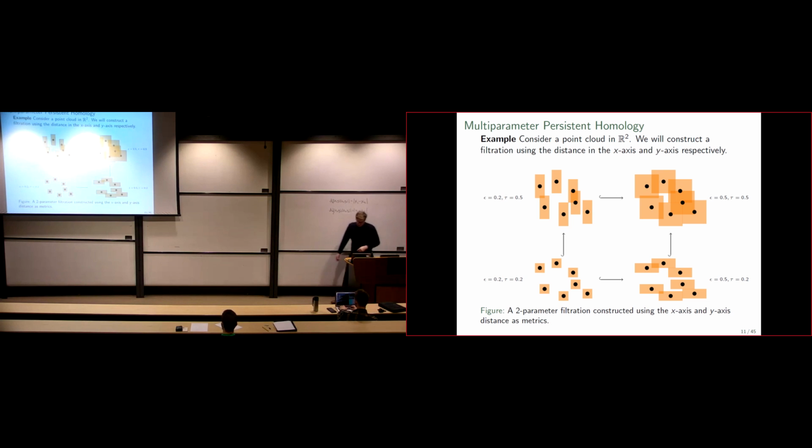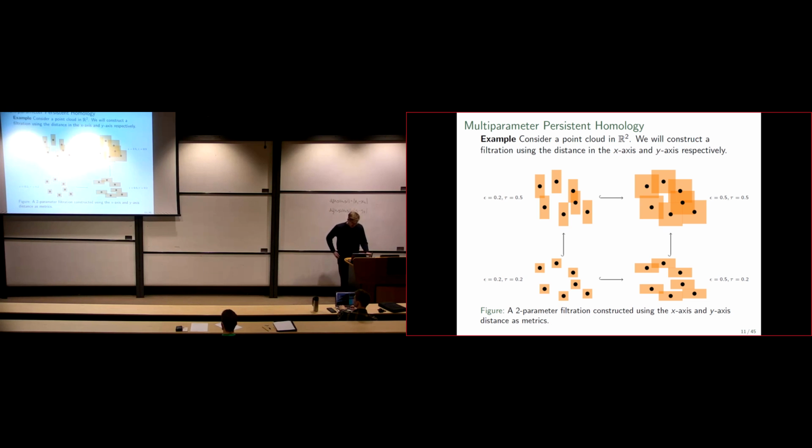And so when we use these distances to compute our multi-filtration, geometrically we no longer get balls around our points, we now get rectangles.